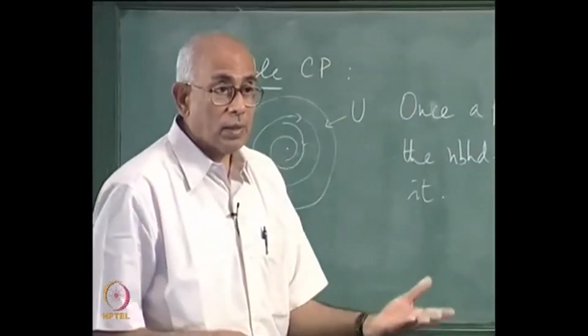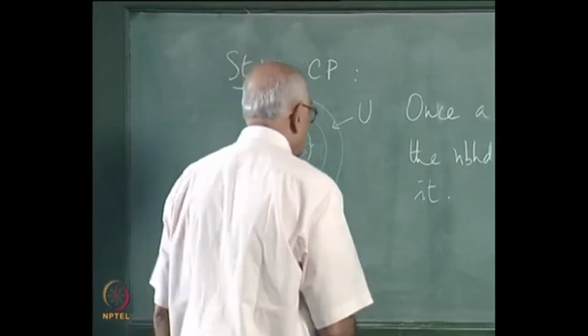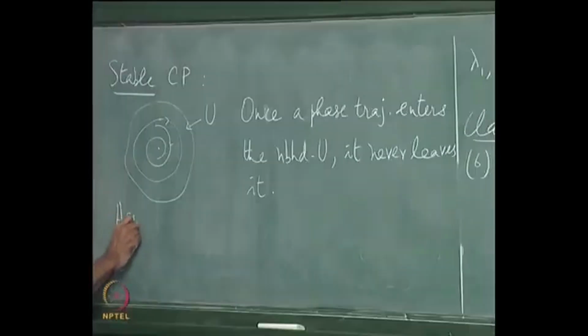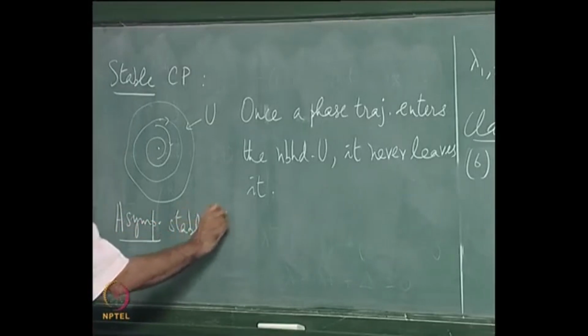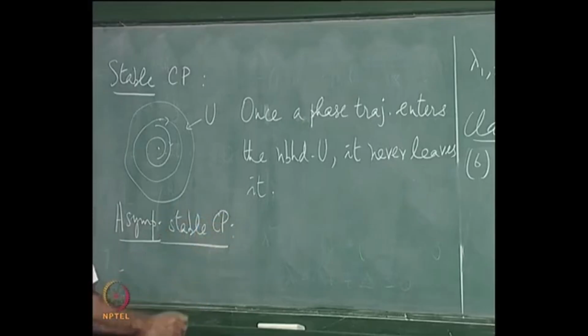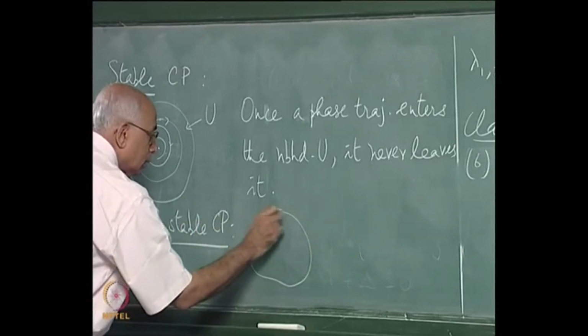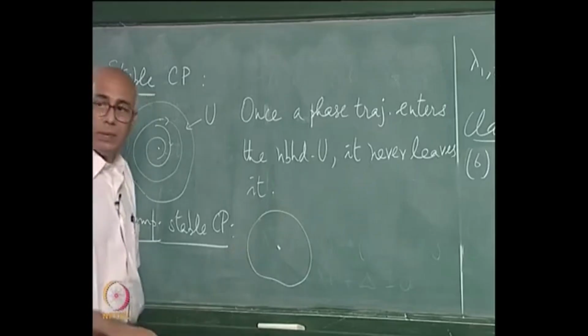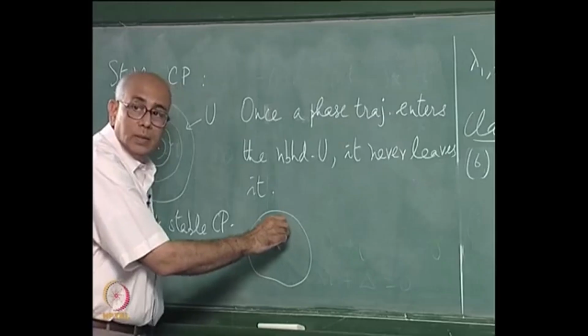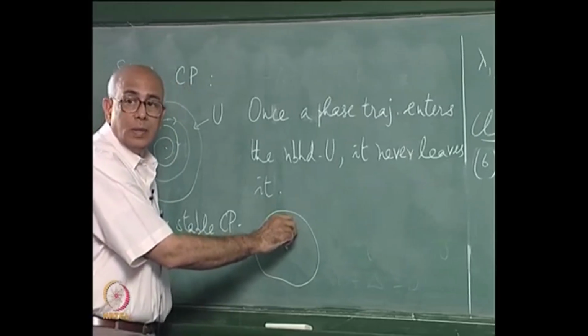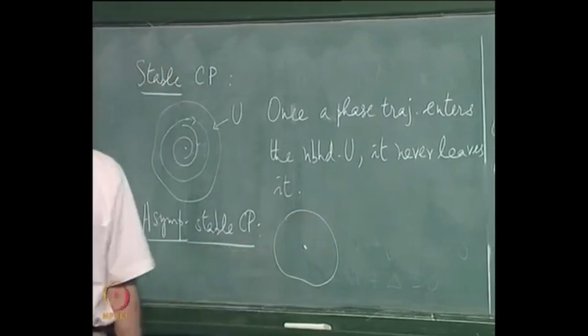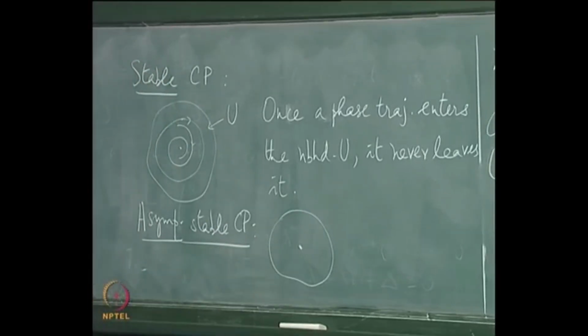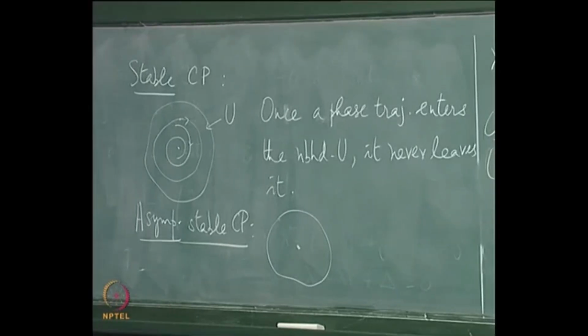What then is asymptotic stability? Well, again, a critical point is asymptotically stable if a trajectory which starts in this neighbourhood tends to this point as t tends to infinity. You are guaranteed that every trajectory that starts in this neighbourhood tends to that point as t tends to infinity.